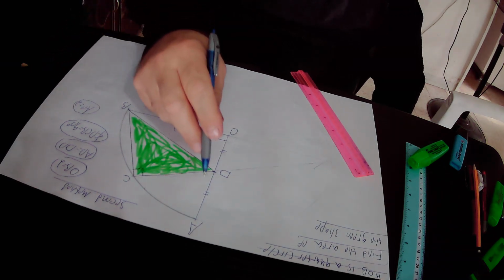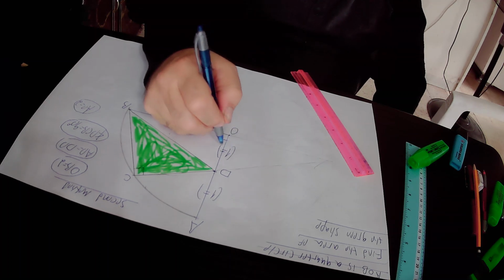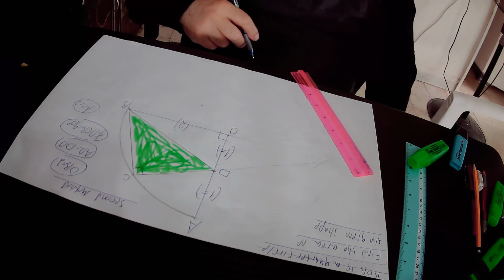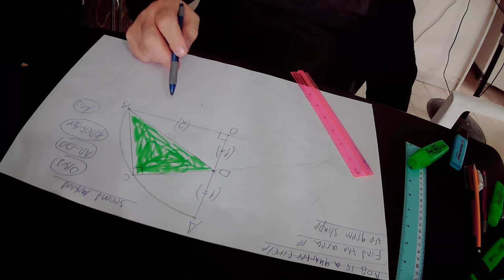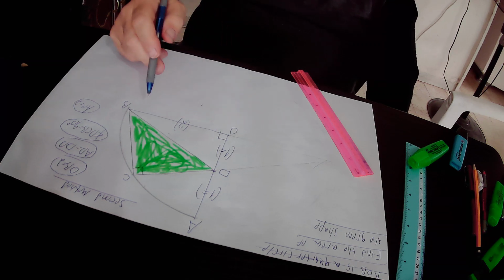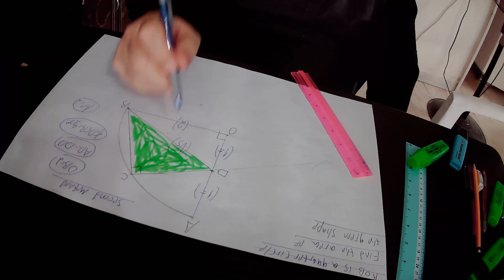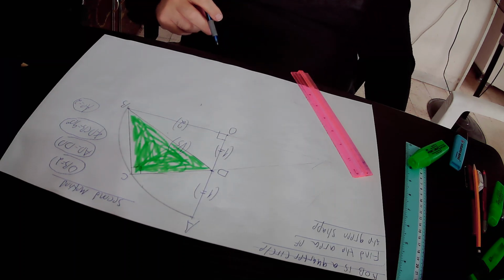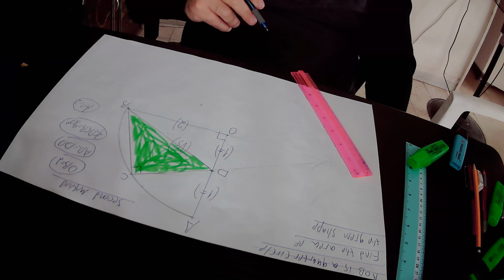We already found out that AD equals 1, and DO also equals 1 in the first method. If we implement the Pythagoras theorem on this right angle DOB, we get that the hypotenuse DB equals the square root of 5 units. We will not repeat the steps that we already did in the first method.